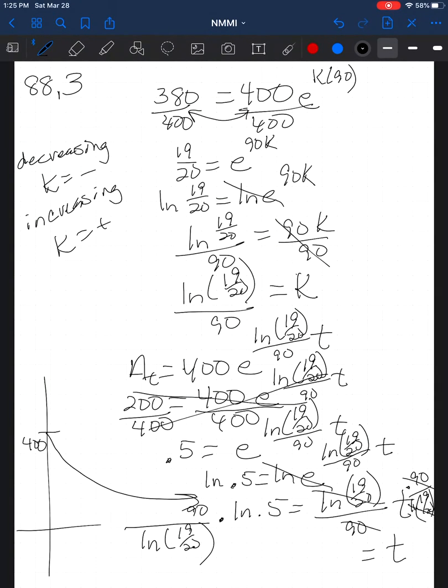So I'm going to put ln of 0.5, and I'm going to put this all in parentheses, so put one there, ln 0.5, close it, times 90, close the parentheses, divided by the natural log of 19/20.